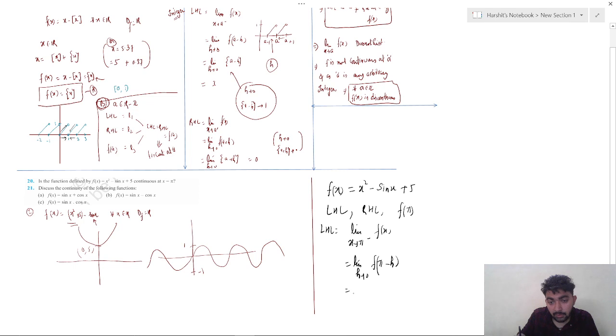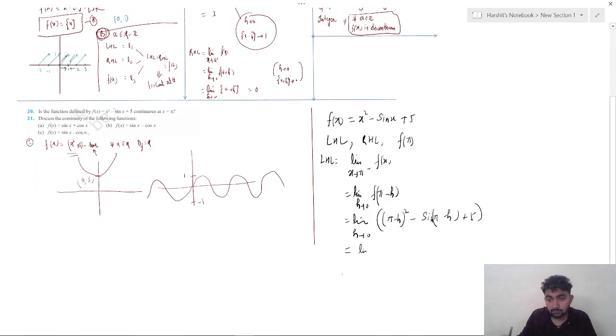As the function is defined, we need to find the value. So we have pi minus h whole square minus sine of pi minus h, plus 5. First of all we need to simplify it.